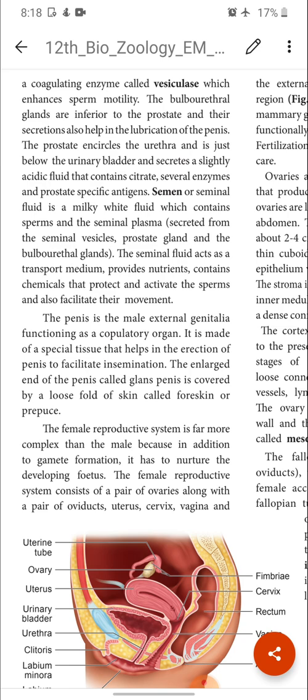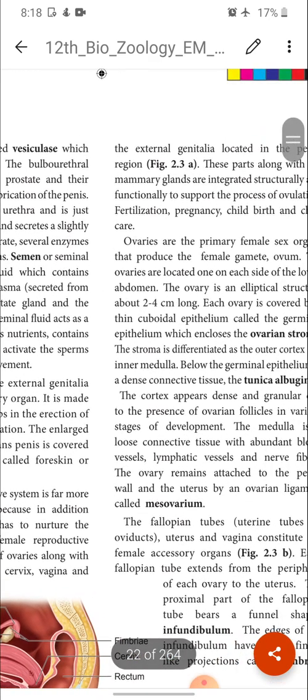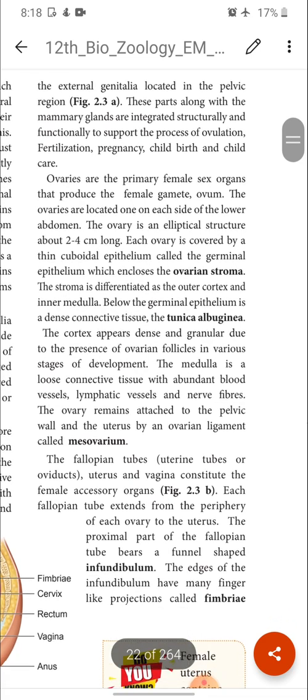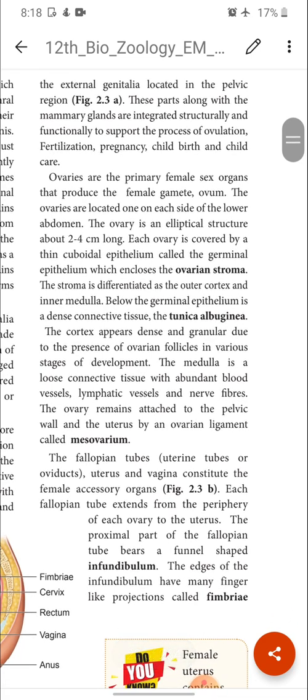And the female reproductive system consists of a pair of, what are the structures? Please see in the text, children. The female reproductive system consists of a pair of ovaries along with a pair of oviducts, uterus, cervix, vagina, and the external genitalia located in the pelvic region. These parts along with the mammary glands are integrated structurally and functionally to support the process of ovulation, fertilization, pregnancy, childbirth and childcare.